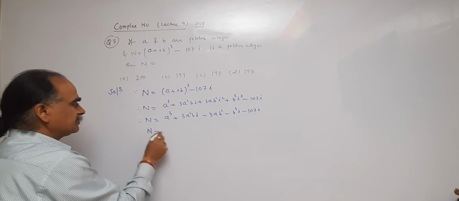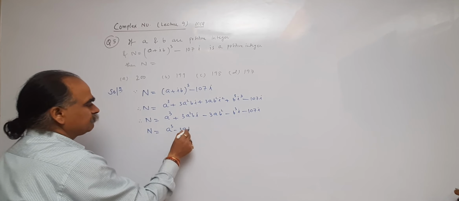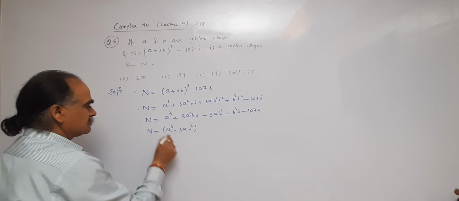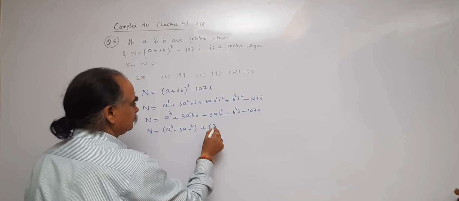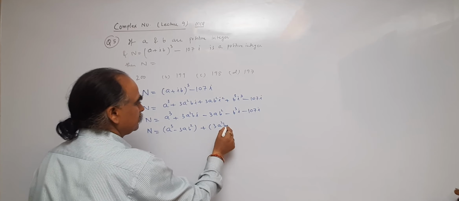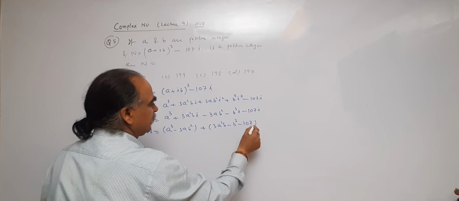So n is a cube minus 3ab square plus (3a square b minus b cube minus 107)i.